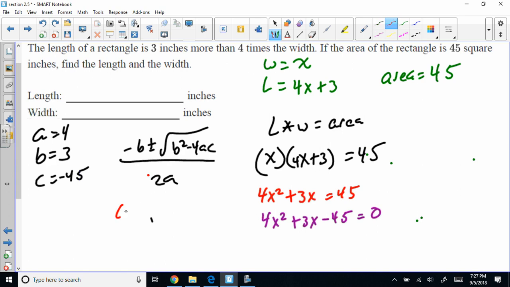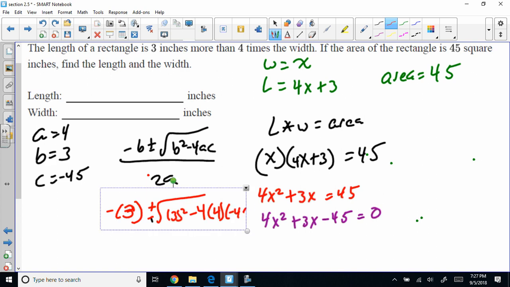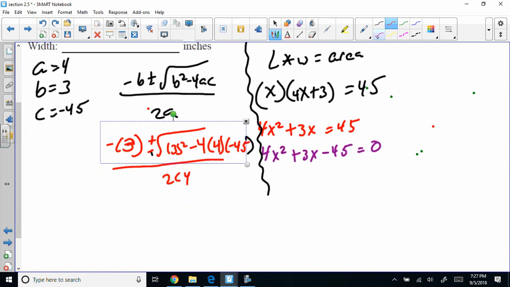So that's negative 3 plus or minus the square root of 3 squared minus 4 times 4 times negative 45, all over 2 times 4.